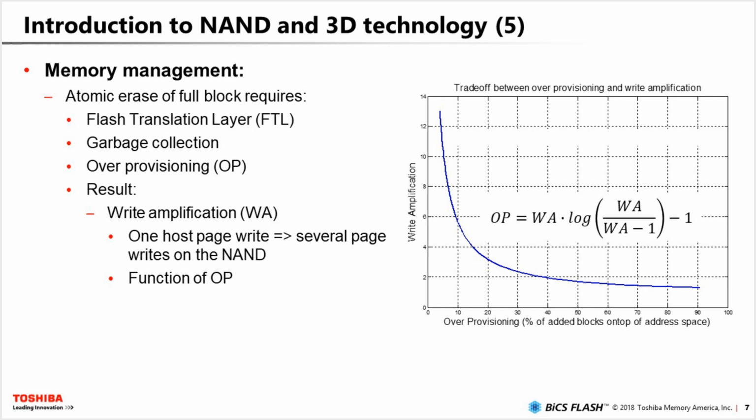In order to mitigate the amount of write amplification, we have over-provisioning in the system, over-provisioning of actual physical NAND memory that is not actually allocated for user space. And this allows the system to reduce the amount of write amplification. I have here a chart that you can see for the relationship between the over-provisioning and write amplification.